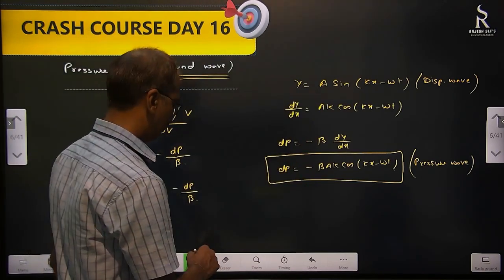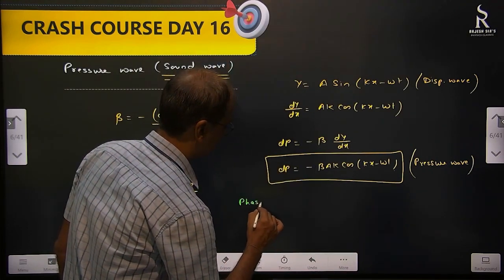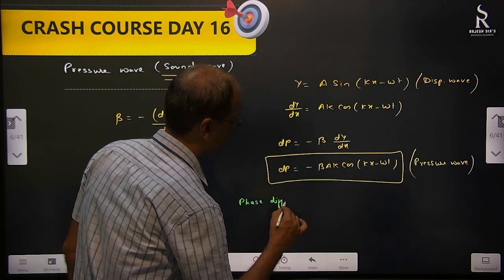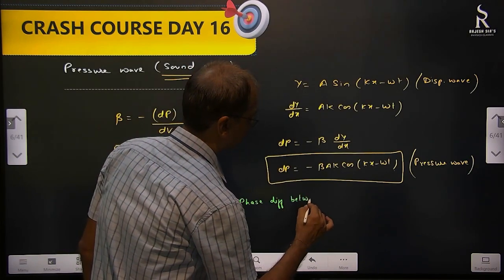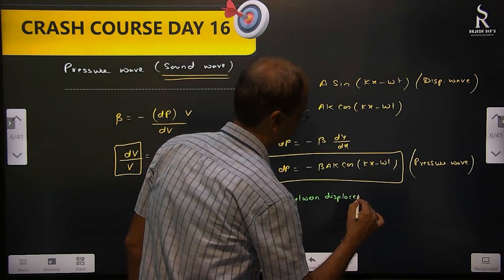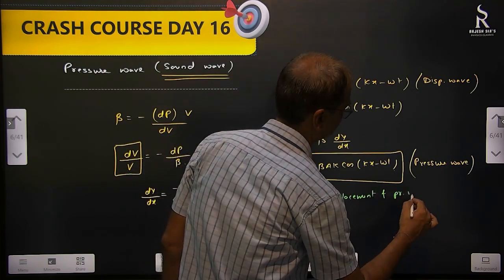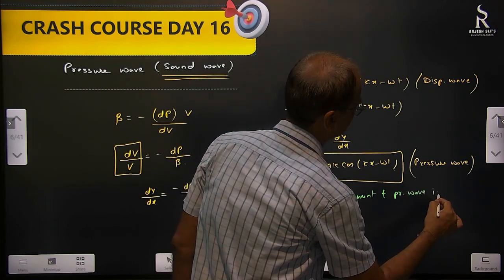Okay, the phase difference between displacement wave and pressure wave is 90 degrees.